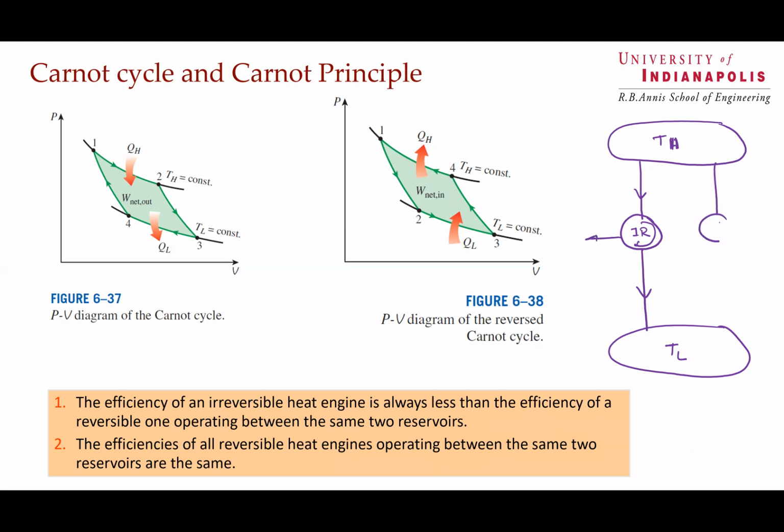And you also have a reversible heat engine which comprises all reversible processes, right? And this is Q in, Q out, work net out. So the efficiency of the reversible engine is always greater than or equal to the efficiency of the irreversible one in between the same thermal reservoirs.